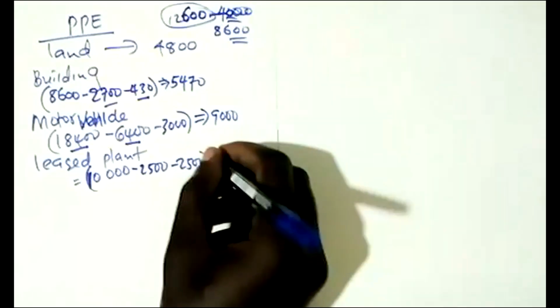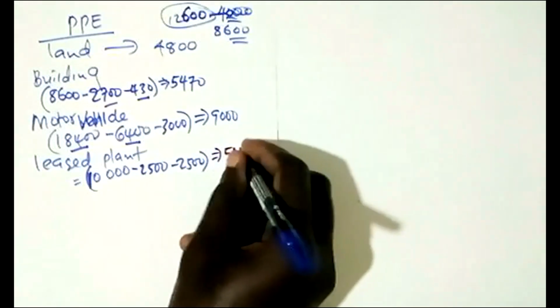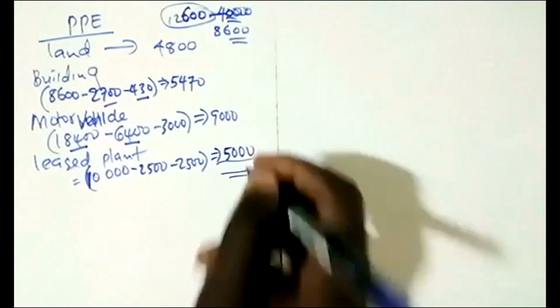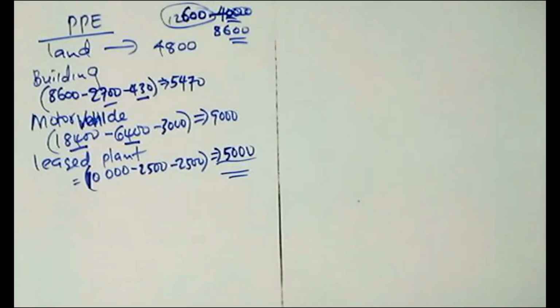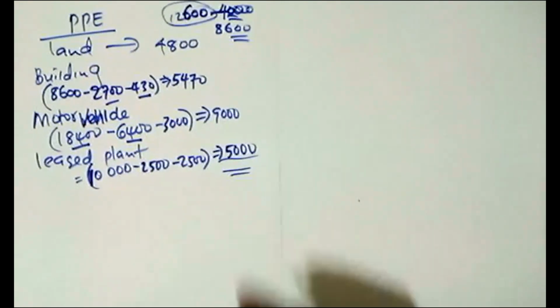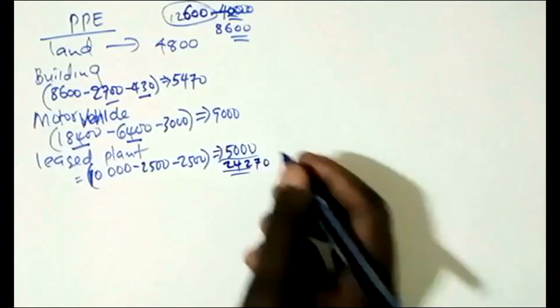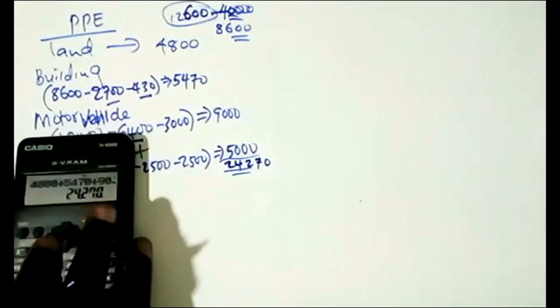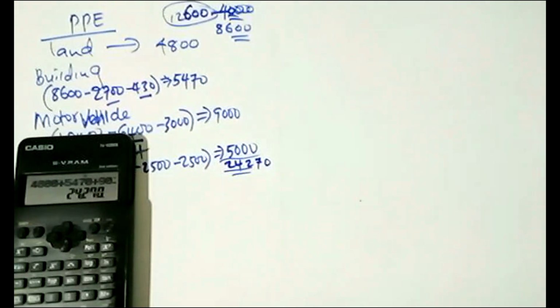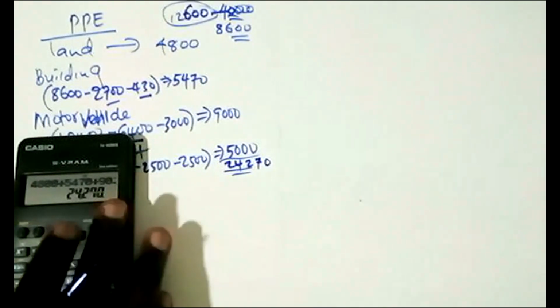This one will just remain to be 5,000. So add this. So this one will be 24. That is what I'm getting as per my calculator. 24 70. Yes.